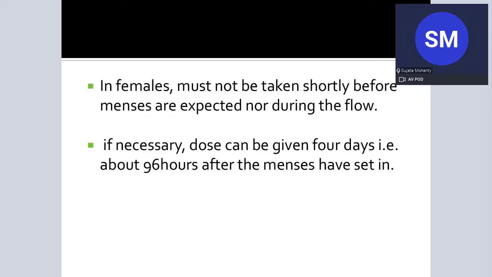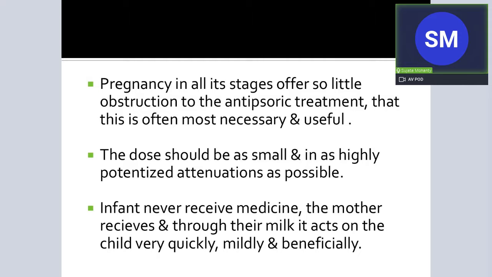In females, antipsoric medicines must not be taken shortly before the menses are expected and not during the flow. If necessary, a dose can be given 4 days, about 96 hours, after the menses have set in. In pregnancy, in all its stages, there is so little obstruction to antipsoric treatment that it is often most necessary and useful.